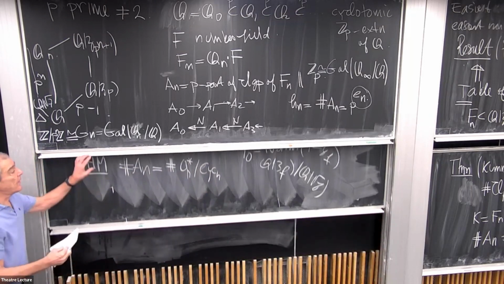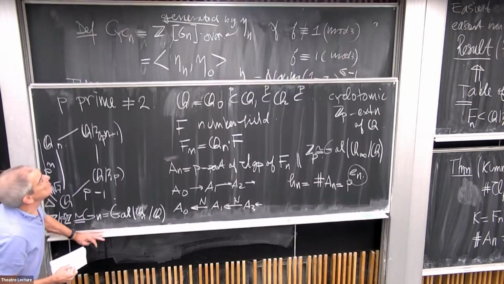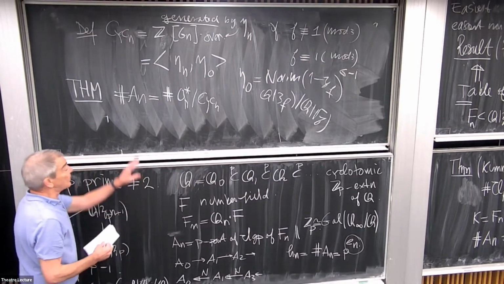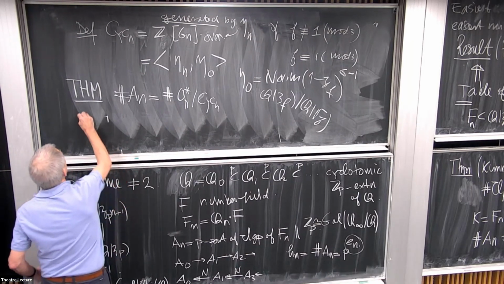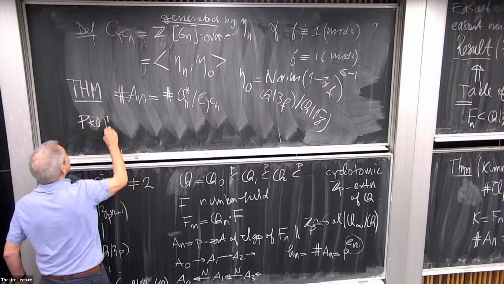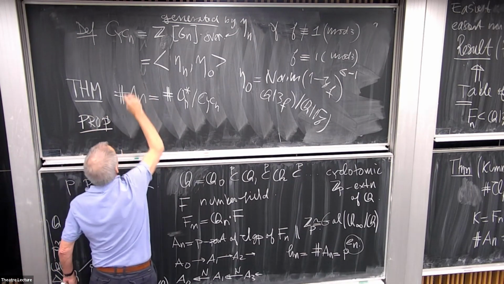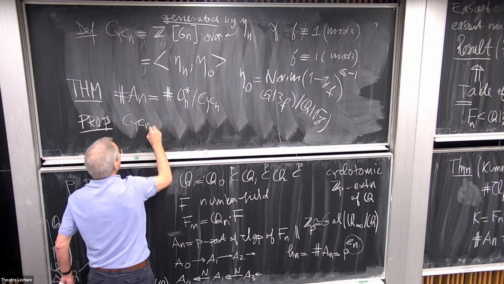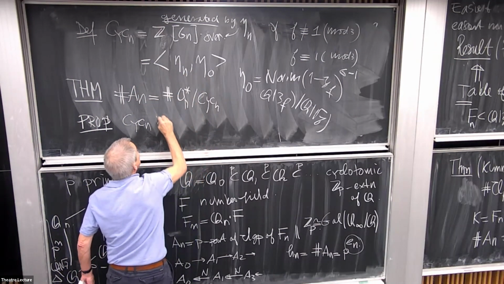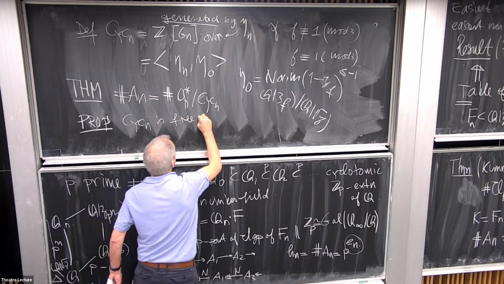And another thing that is very important is that these modules of cyclotomic units have an extremely simple structure. It's rather easy to prove. The cyclotomic units form a module over Z_p[G_n], and it is free of rank 1.